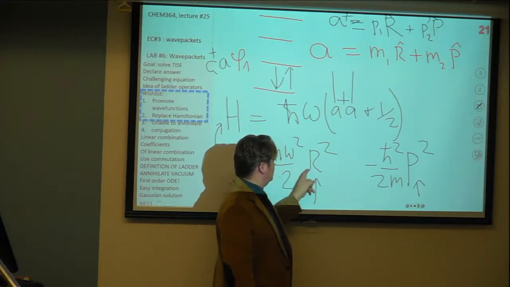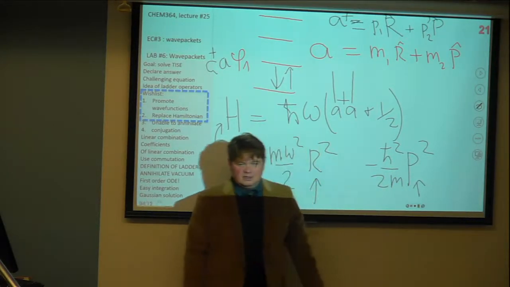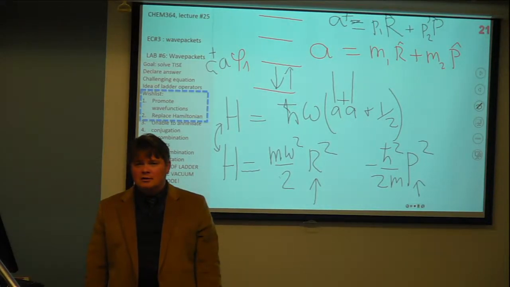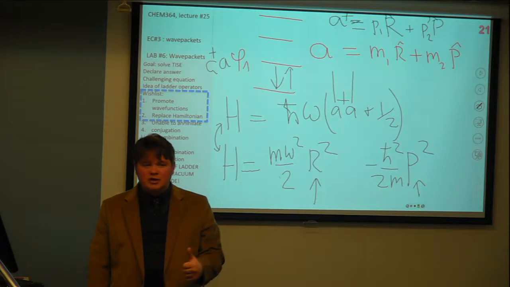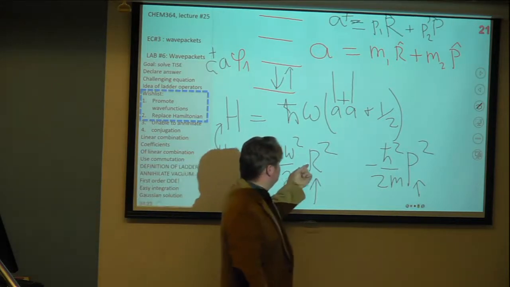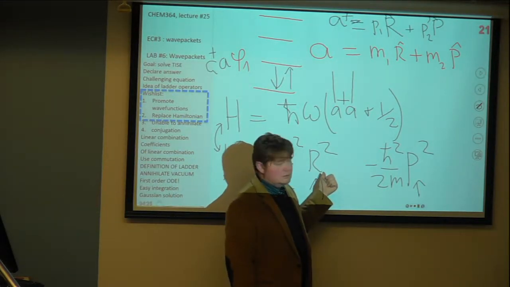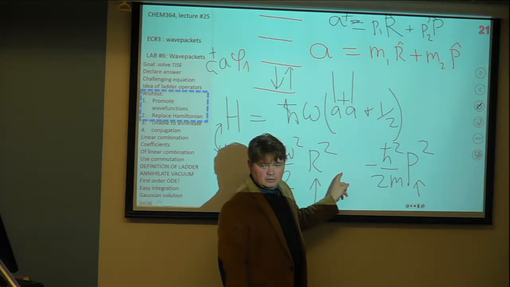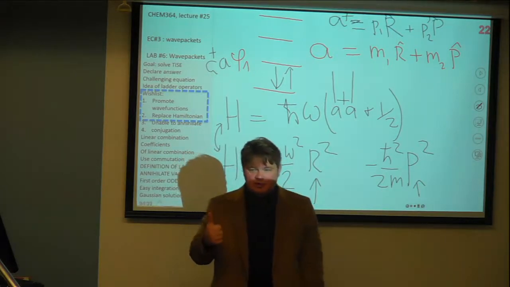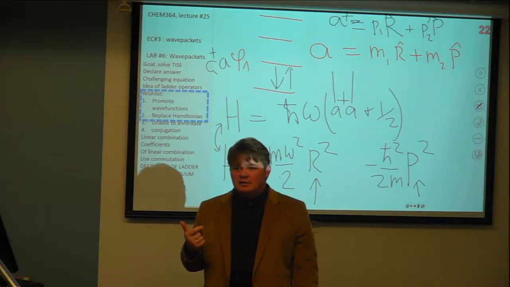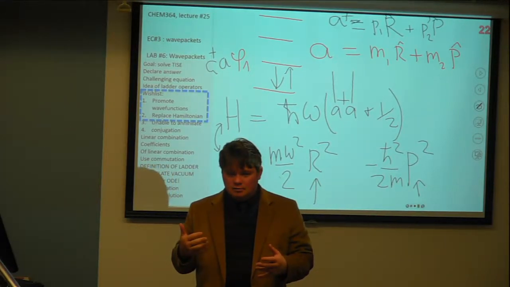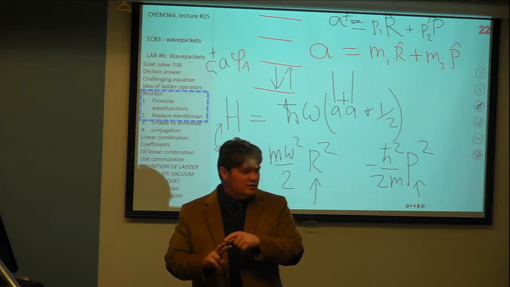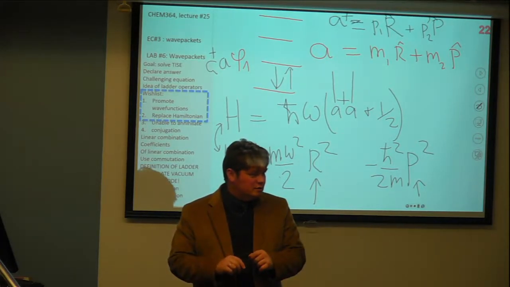On another hand, we will have this p squared and r squared. If raising and lowering operators are linear in p and r, then the maximum power will be second, right? And we see that there is no first power in the Hamiltonian. It's only proportional to either position squared or momentum squared, which means that there will be some cancellations. If you open the bracket, the terms that are products of PR and RP should cancel each other. Okay.